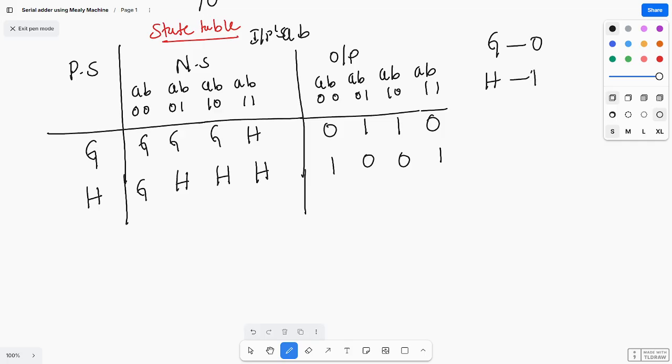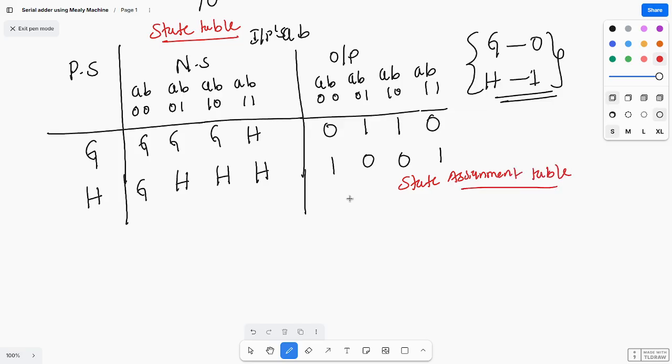You need to give the state values to these states. Okay, so this is my state assignment table.